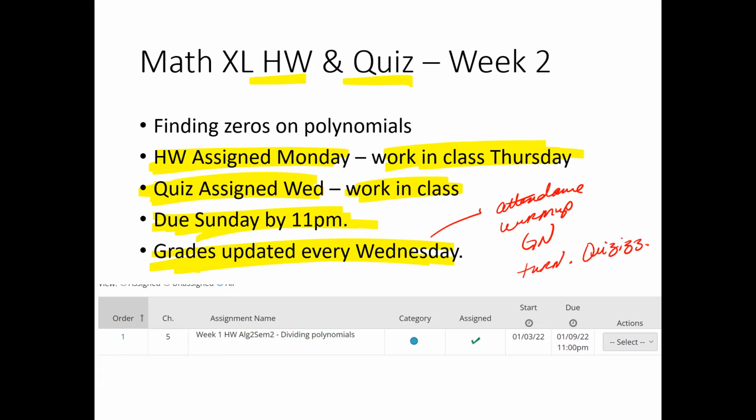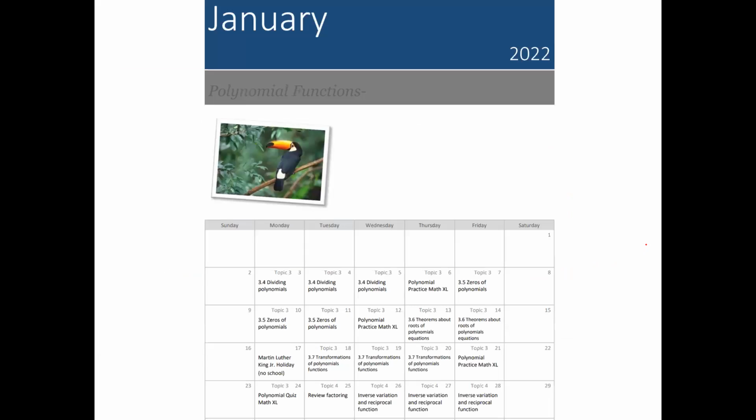Other days, I'll give you guys a handout. So you've turned in several of those and I will be grading them and you'll have your grades updated for last week. Okay. And I do that every Wednesday just so I can keep myself on my toes so that I'm not holding your grade hostage for like 2 months or something. So I try to do that as quick as possible.